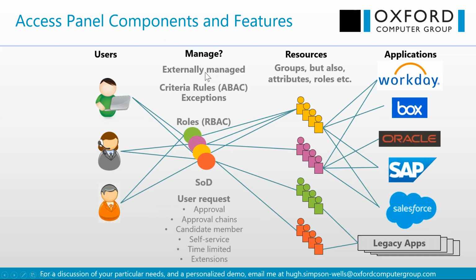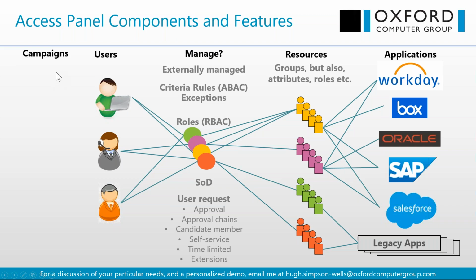Now, that gives you a flavor of the different ways in which we can manage which users have access to which resources and hence what they can do in the various applications. But then there is the whole business of campaigns. So this is another dimension, if you like, of any governance tool, really.